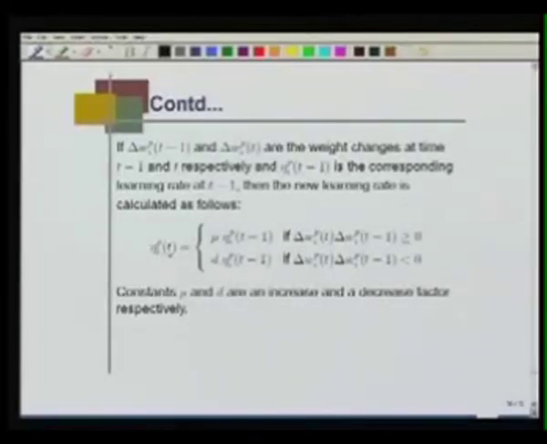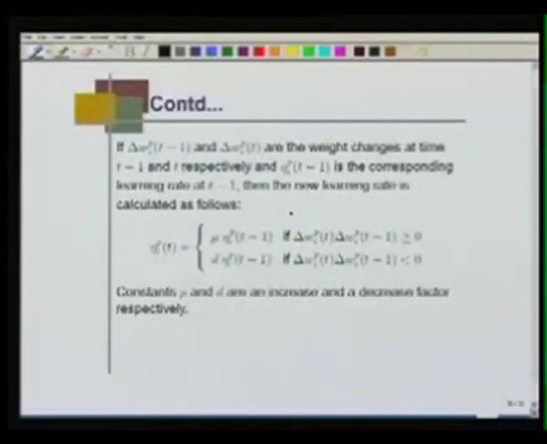Eta_ij(t) is mu times eta_ij(t-1), or d times eta_ij(t-1), where mu and d are an increase and a decrease factor respectively. So, I either increase the previous eta by mu or I decrease it by d. This is a multiplication factor. So, I either increase it or I decrease it.